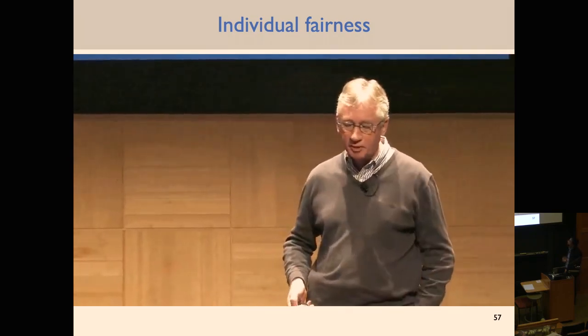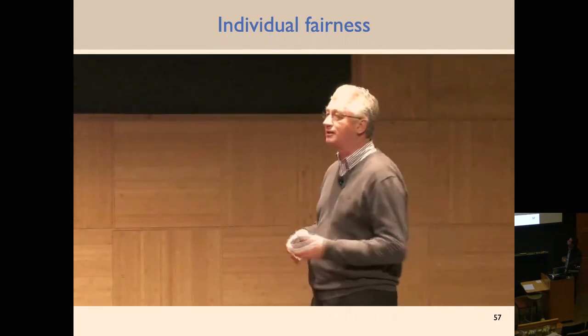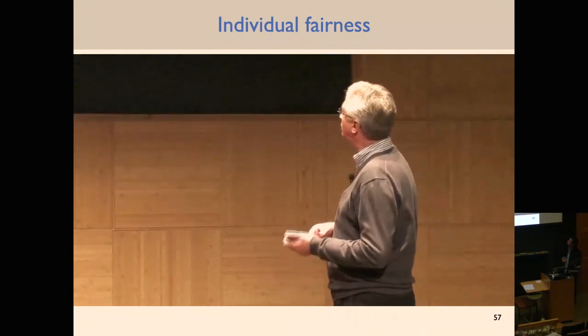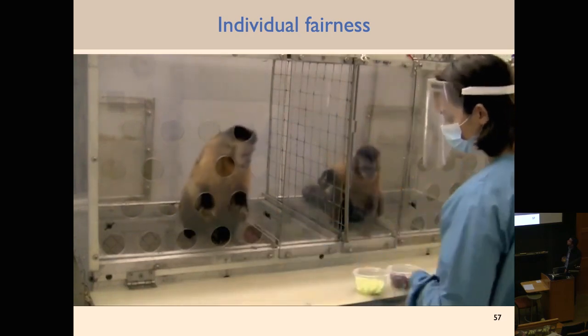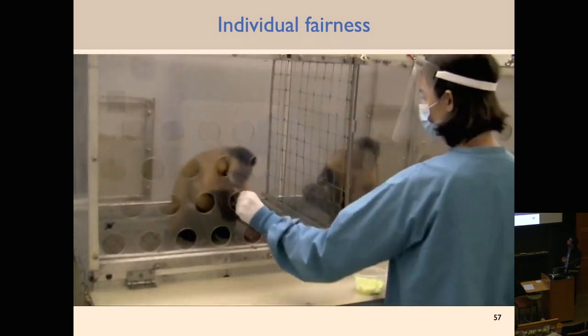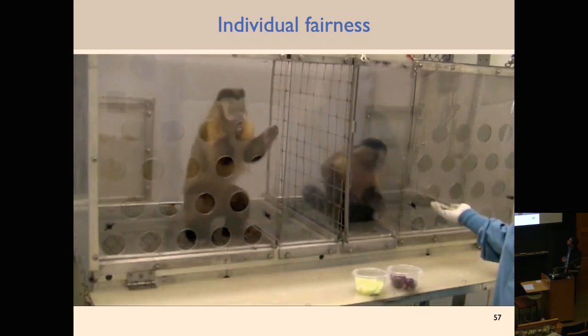So that's the experiment we did. Recently, we videotaped it with new monkeys who had never done the task, thinking that maybe they would have a stronger reaction, and that turned out to be right. The one on the left is the monkey who gets cucumber. The one on the right is the one who gets grapes. The one who gets cucumber, note that the first piece of cucumber is perfectly fine. The first piece she eats. Then she sees the other one getting grape, and you will see what happens. So she gives a rock to us, that's the task. And we give her a piece of cucumber, and she eats it. The other one needs to give a rock to us.